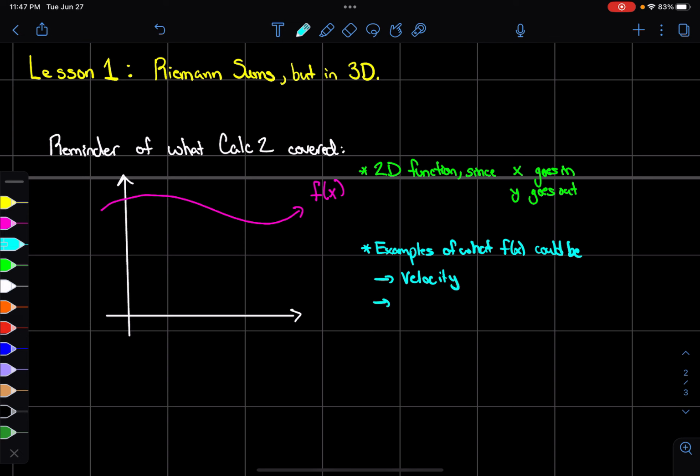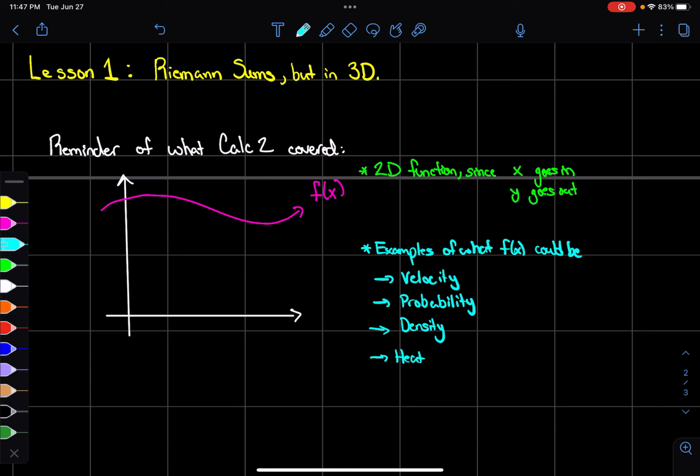Maybe it represents the probability density function, the probability of something happening. Maybe it represents the density of an object, because you add that up and you get the total mass and center of mass and all that stuff. It could represent pretty much anything that we want. It could represent heat, heat distribution. It could represent a whole bunch of stuff.